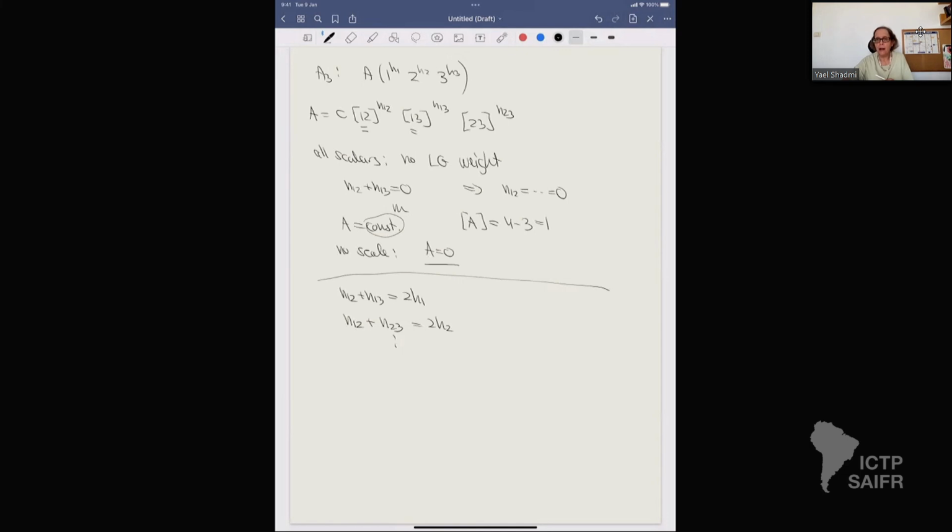You can solve these 3 equations for the powers, and you find that A3 is equal to C times ⟨1 2⟩ to the power h1 plus h2 minus h3, times ⟨1 3⟩ to the power h1 plus h3 minus h2, and similarly for ⟨2 3⟩.